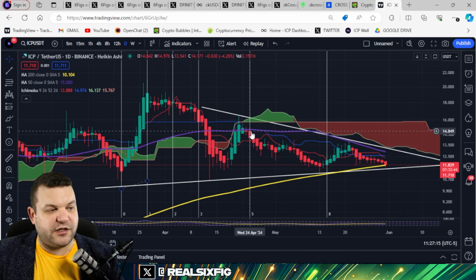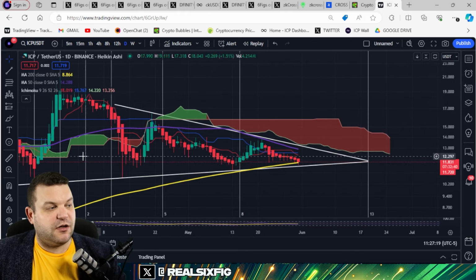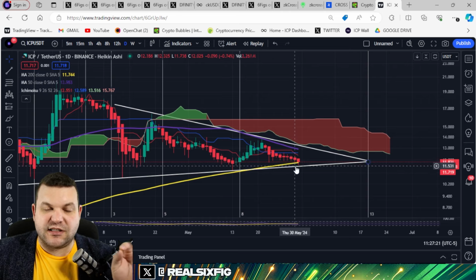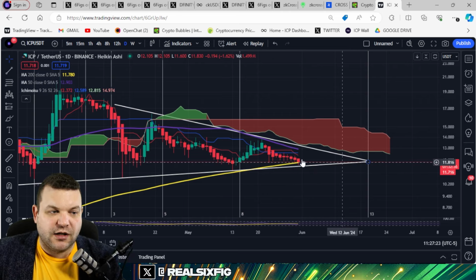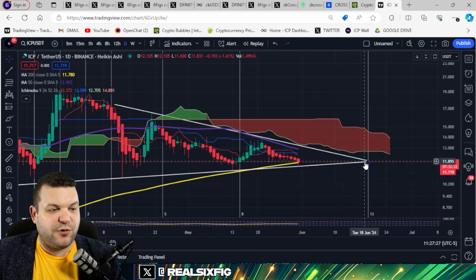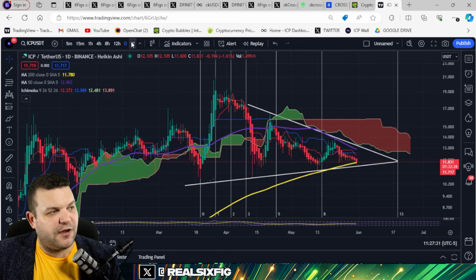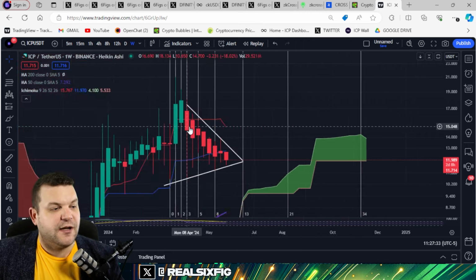Price came up, reversed on this candle. We had a nice reversal point here. So with all these time sequences confirming, and really this symmetrical triangle squeeze pointing to this time sequence, June 19th, guys. Just keep that on your minds.